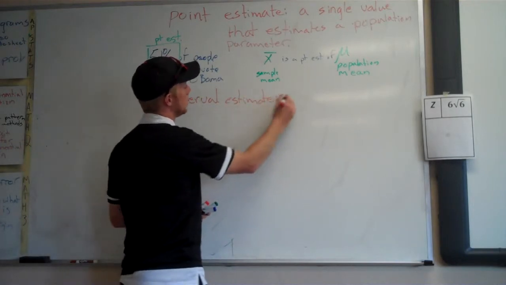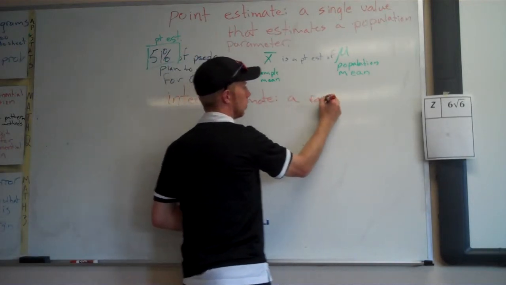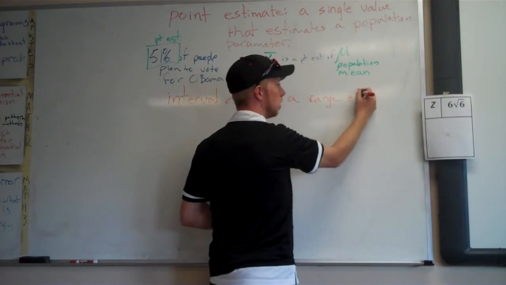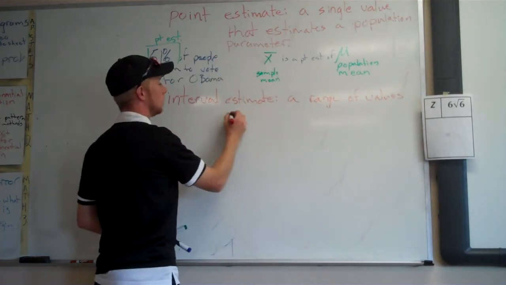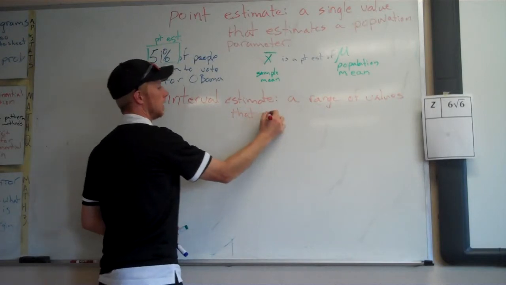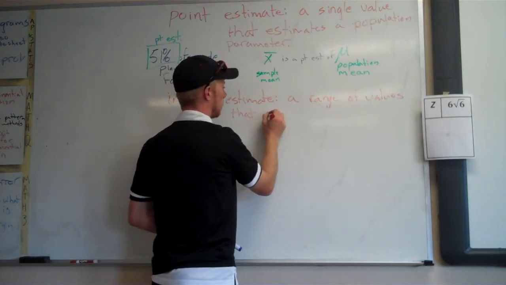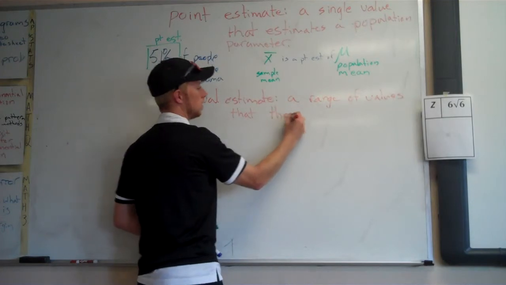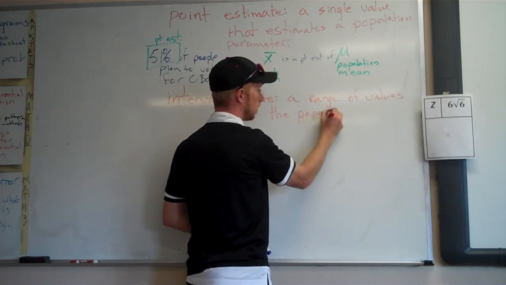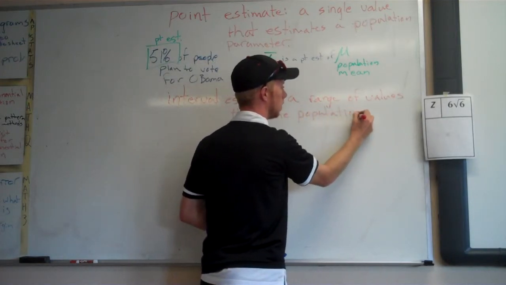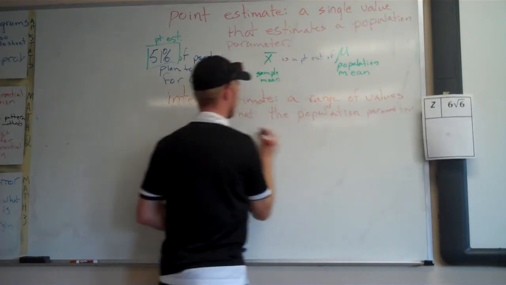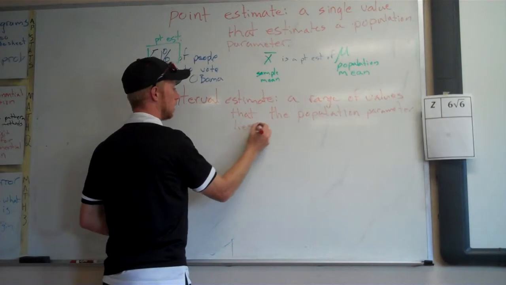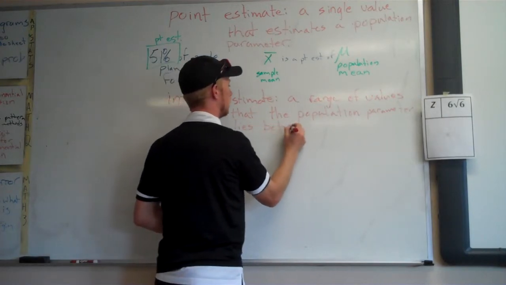An interval estimate is a range of values that the population parameter lies between.